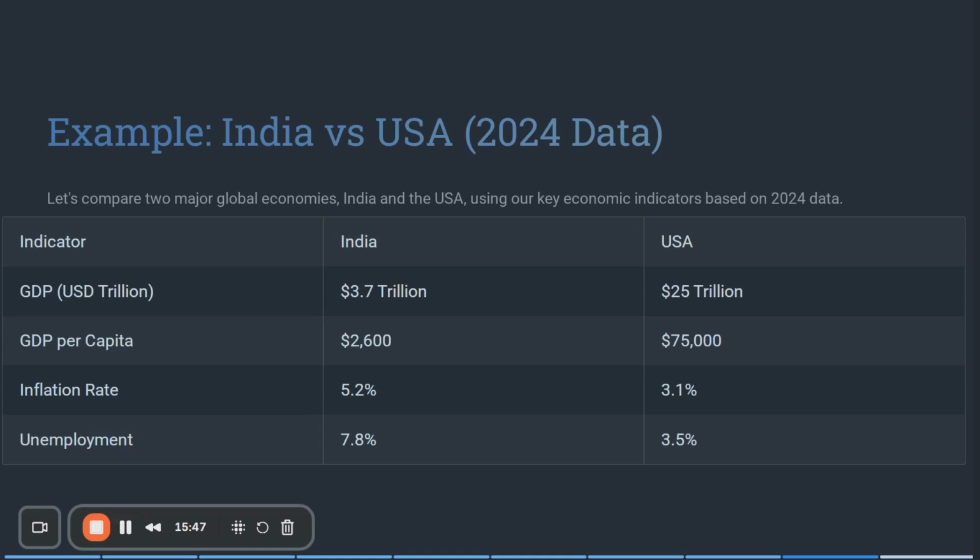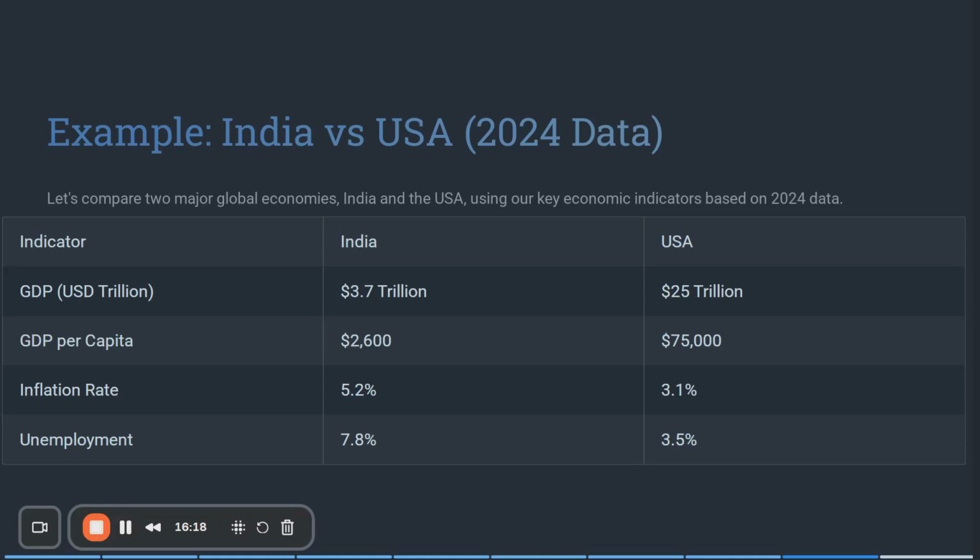When we compare these two countries, actually this comparison is wrong, because we are comparing two different types of economy. One is a developing economy, one is a developed economy. The USA is already developed, it has good infrastructure, good everything, but India is still developing.